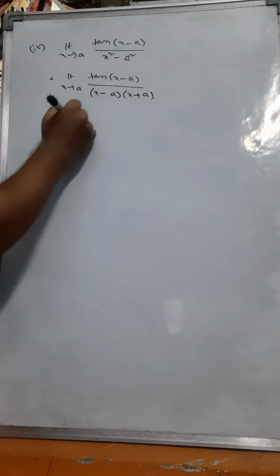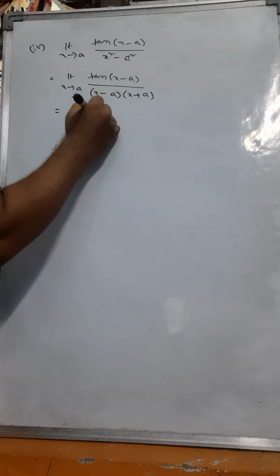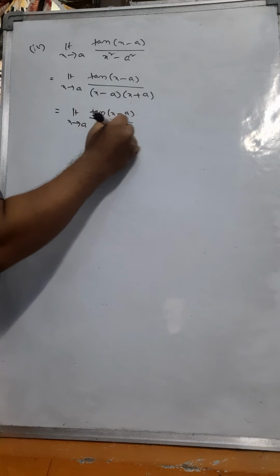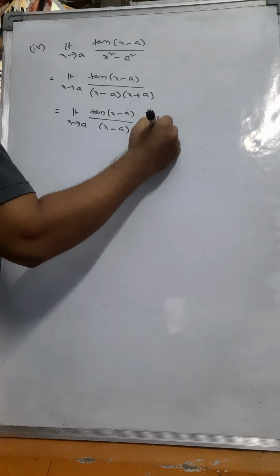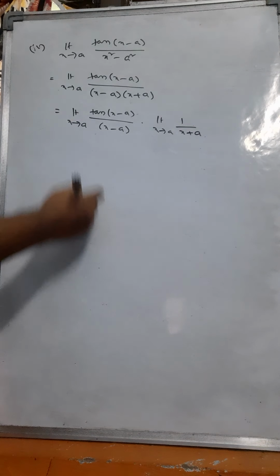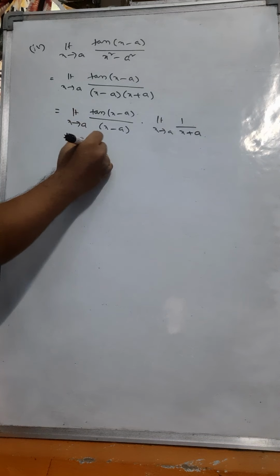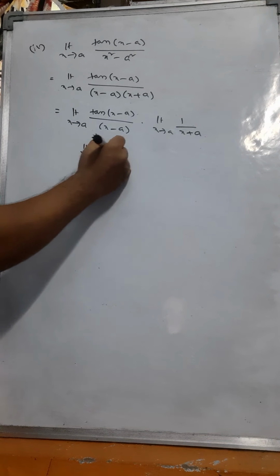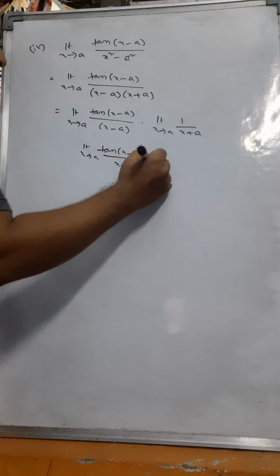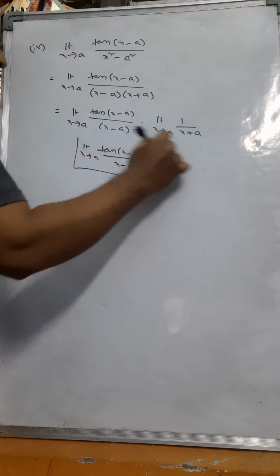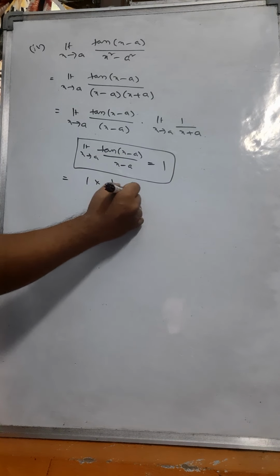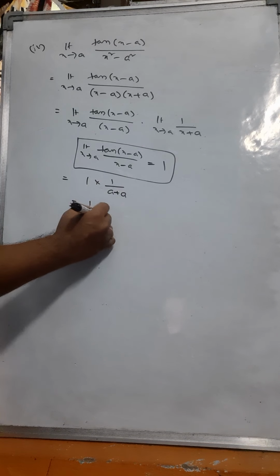So that is nothing but limit x tends to a of (tan x minus a) by (x minus a) into limit x tends to a of 1 by (x plus a). This is one of the formulas: limit x tends to a of (tan x minus a) by (x minus a) is equal to 1. So that is 1 into 1 by (a plus a), which is equal to 1 by 2a.